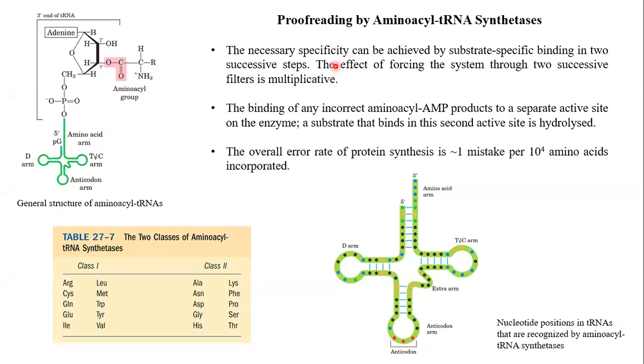That means there would be more than one transfer RNA for one amino acid, and usually all these transfer RNAs for one amino acid get amino acylated by one enzyme only. So this enzyme must identify a transfer RNA which is specific for one amino acid, right? And also this enzyme should differentiate between similar structures of amino acids.